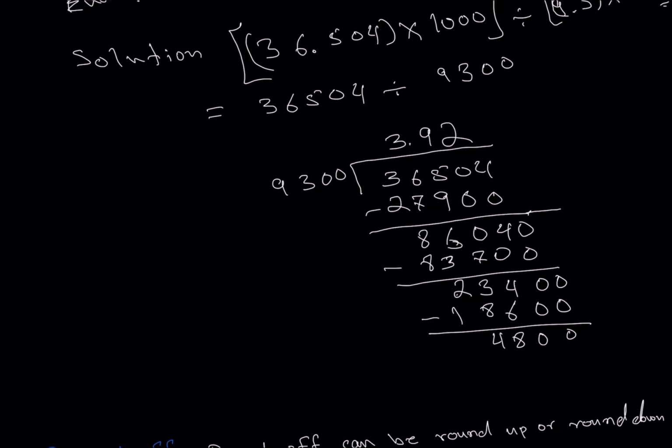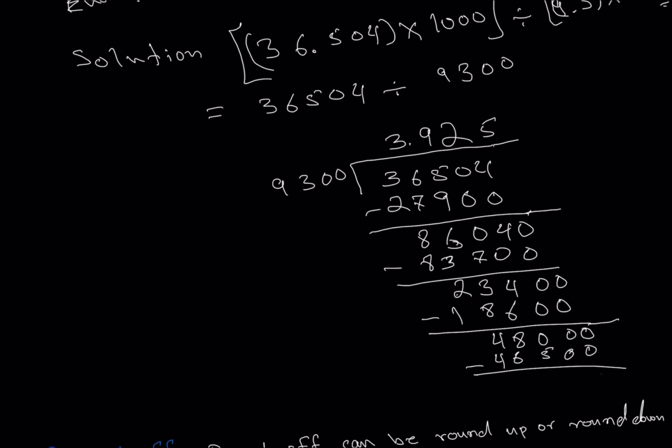4,800 divided by 9,300 doesn't happen. We have to add one more 0, so it will be 48,000. We can probably do 5. 5 times 0 is 0. 5 times 0 is 0. 5 times 3 is 15. 5 times 9 is 45, and 1 will be 46.